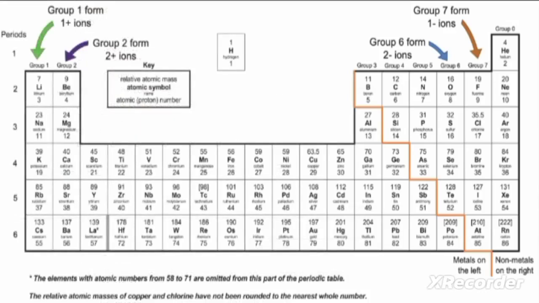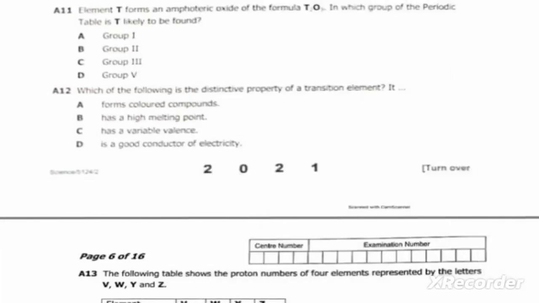Where can we find group 3? Group 3 is found here. All elements from group 3 have valency 3, or 3 electrons in their outermost shell. So therefore our correct answer here is C.